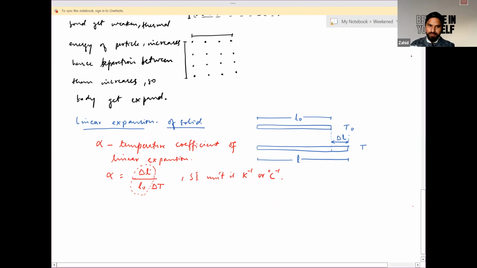So it is equal to delta L by L naught divided by delta T. So we can define it as the ratio of fractional change in length to the change in temperature.